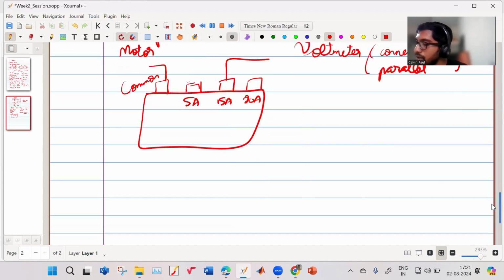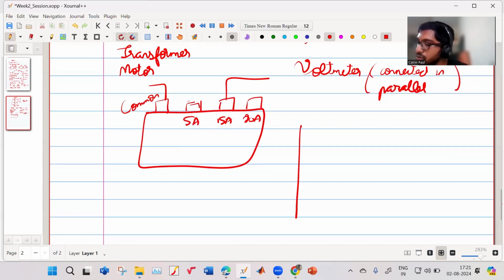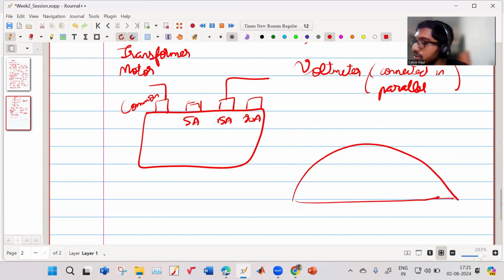Now, in all these instruments, if you would see those measuring instruments, they'll have some scale. So say 0, 1, 2, 3, 4, 5.